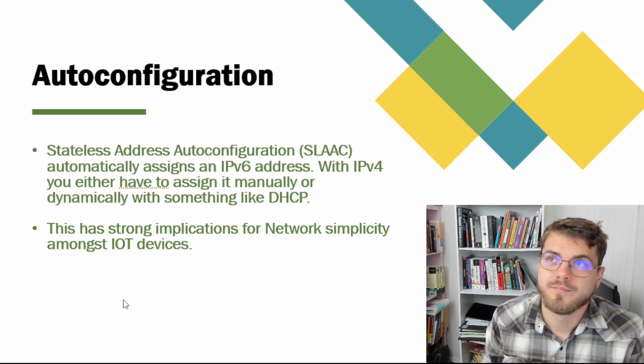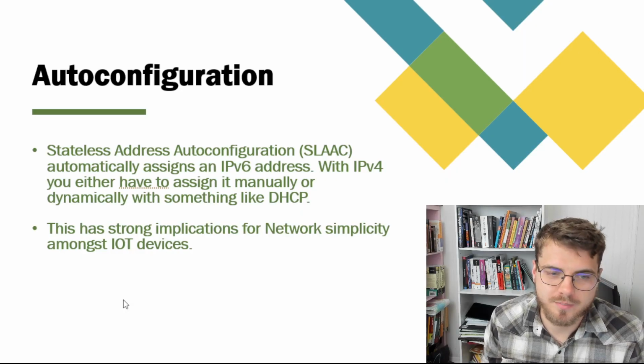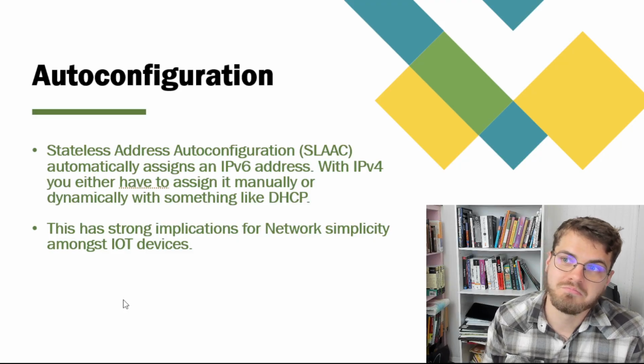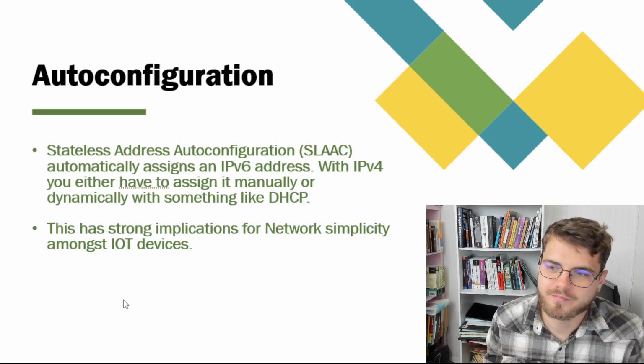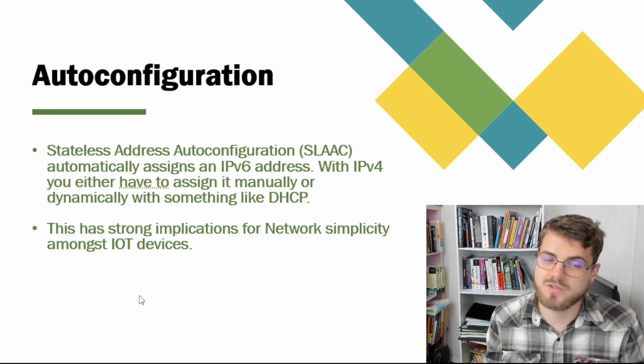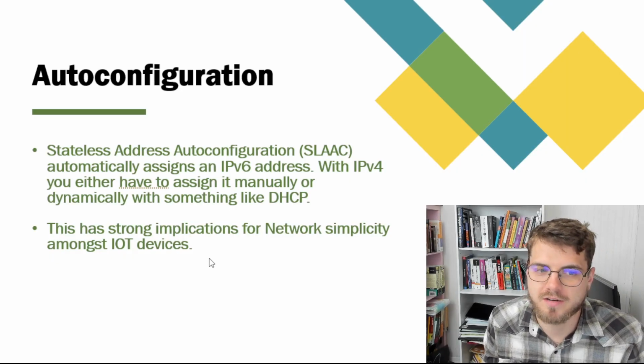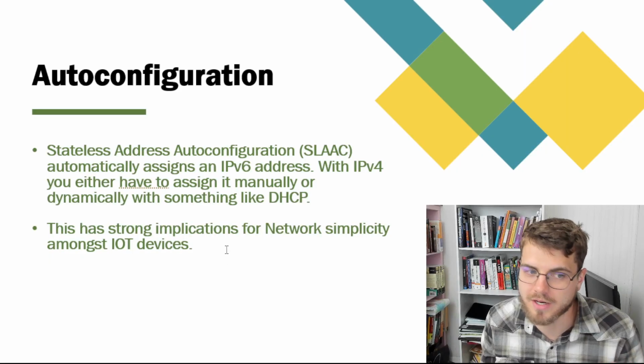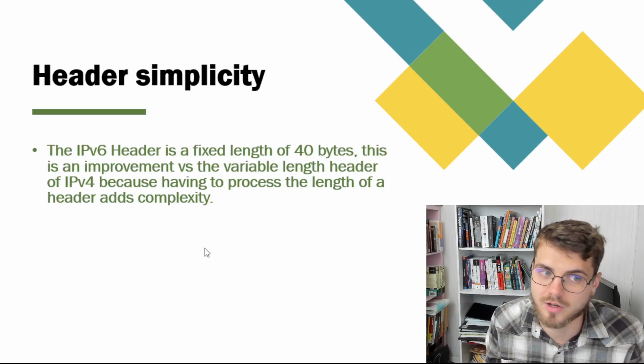Definitely if you're in a warehouse or something where you might have a ton of devices, like temperature gauges and other gauges that connect to the internet. Just in theory, it could be a pain if you have to give each one a manual address. IPv6 solves that problem with auto configuration.